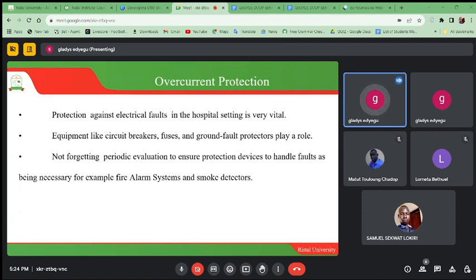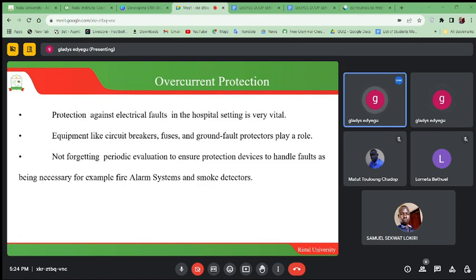We need to check on different sections of where we are connecting this, so that as we evaluate, we can ensure that we have enough protection and our devices are not faulty. And by us doing that, it can help us prevent different problems that can occur due to electric issues.